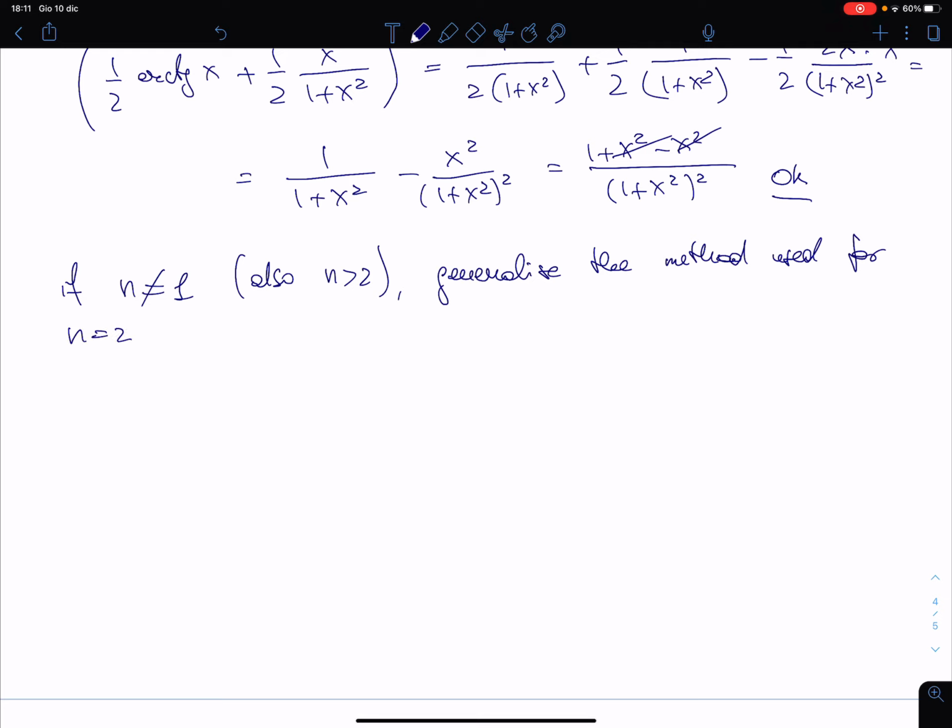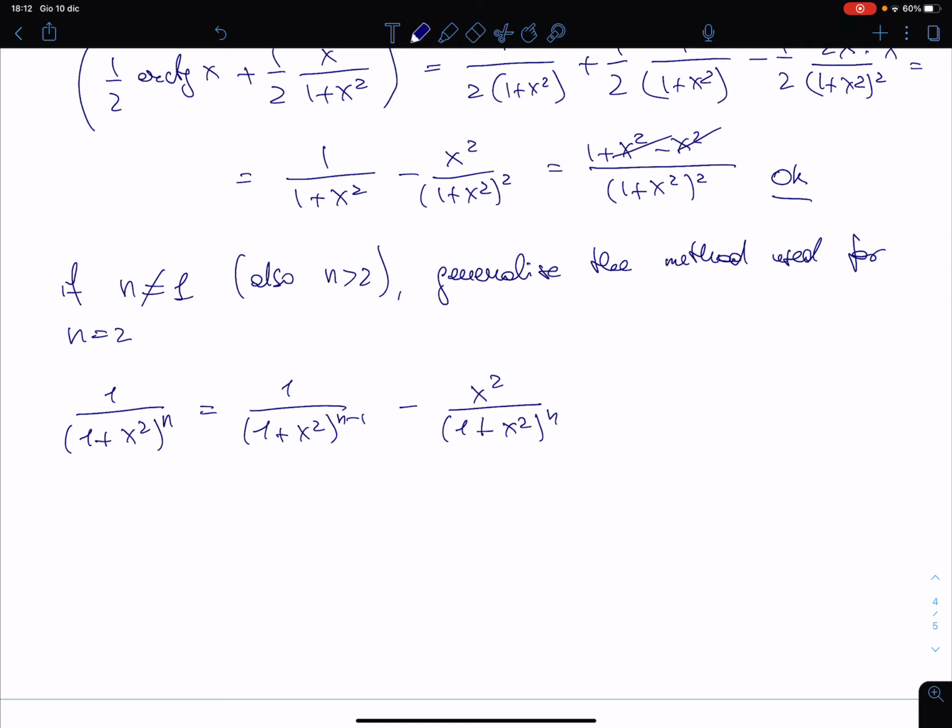So you write that 1 divided by (1 plus x squared) to the n is equal to 1 divided by (1 plus x squared) to the power n minus 1, minus x squared divided by (1 plus x squared) to the n.